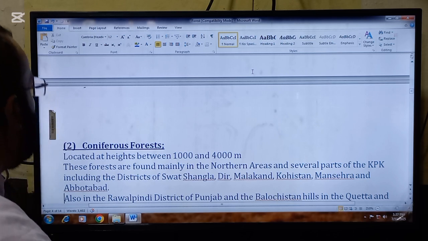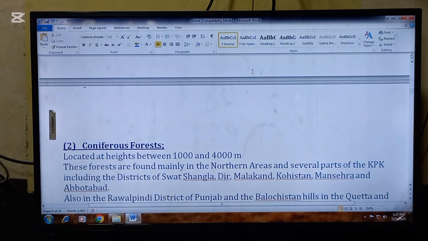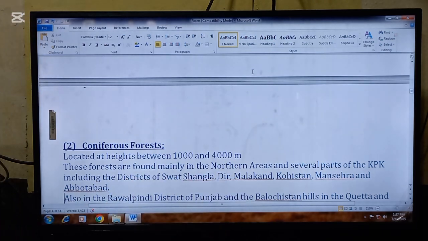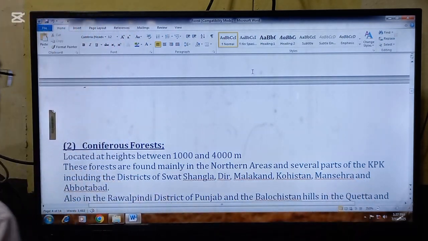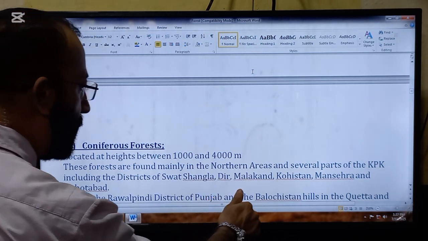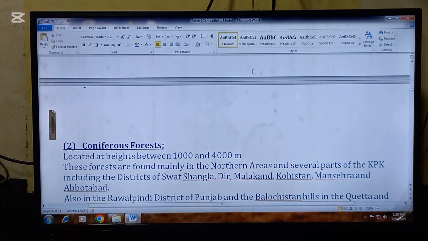The next we are going to read is coniferous forest. Located at a height between 1000 and 4000 meters. These forests are found mainly in the northern areas and several parts of the KPK, including the districts of Swat, Shangla, Dir, Malakand, Kohistan, Mansehra, and Abbottabad.